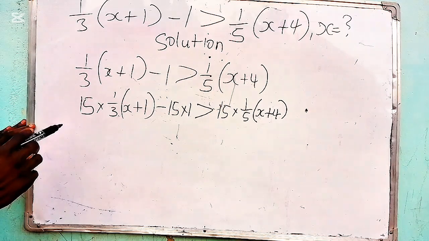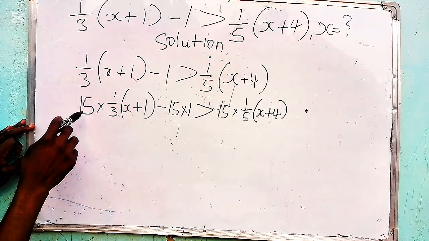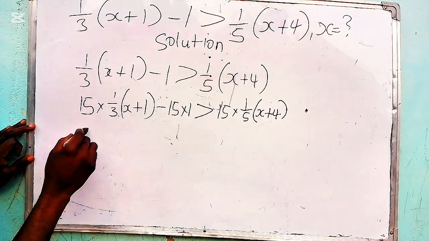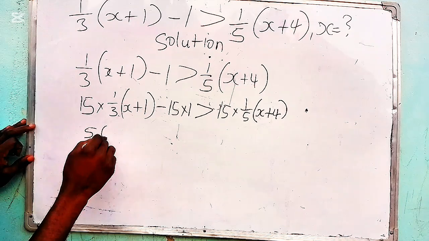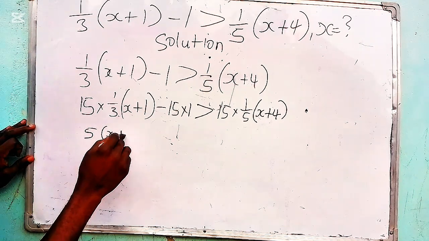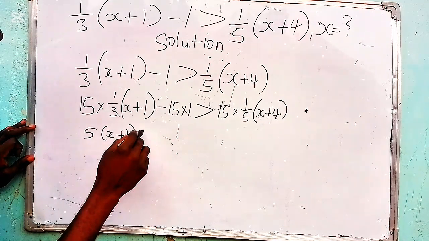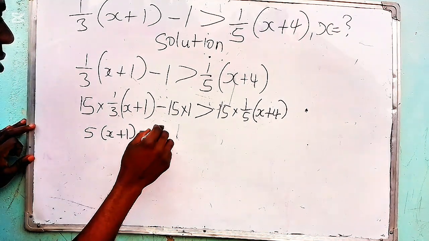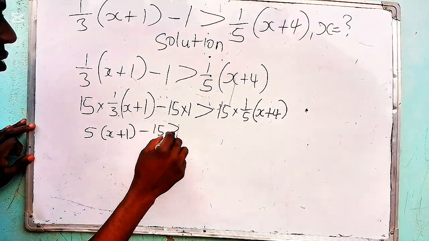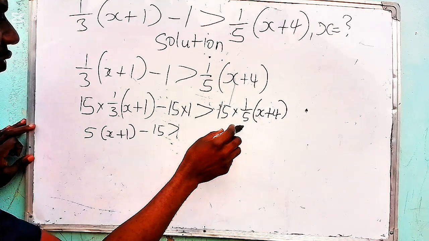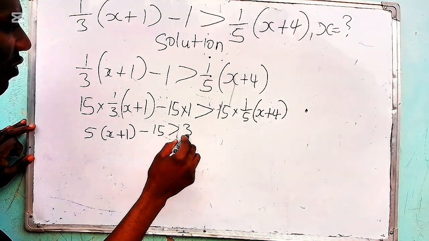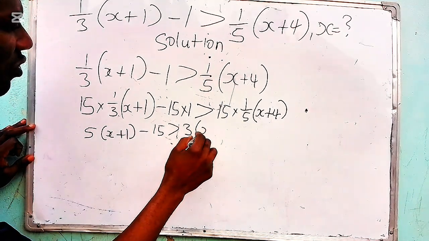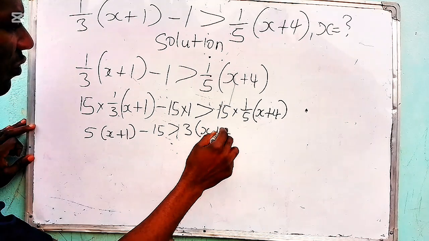Now we're going to have 5 here. When you divide 15 by 3, this place will be 5(x + 1), minus 15 times 1 is 15, greater than 15 divided by 5 is 3. So you have 3 into the bracket of x + 4.